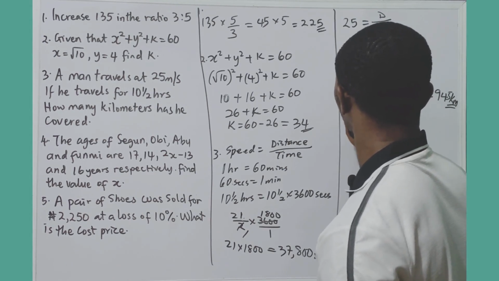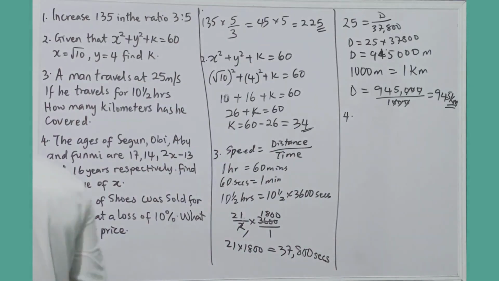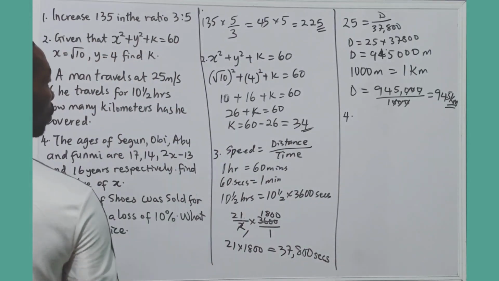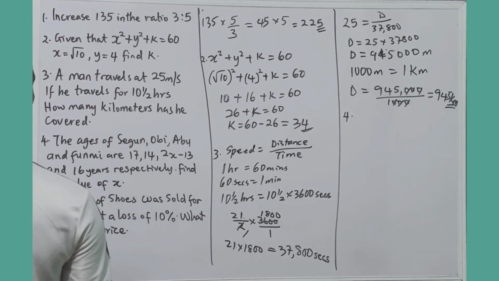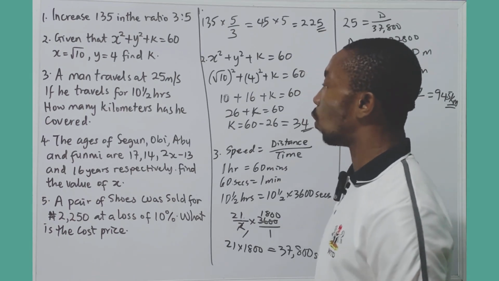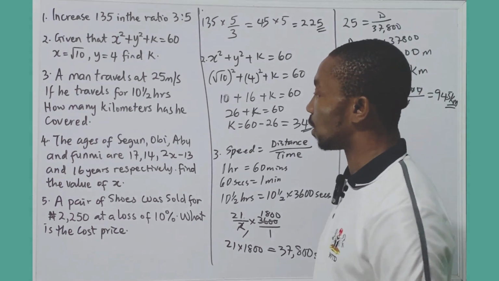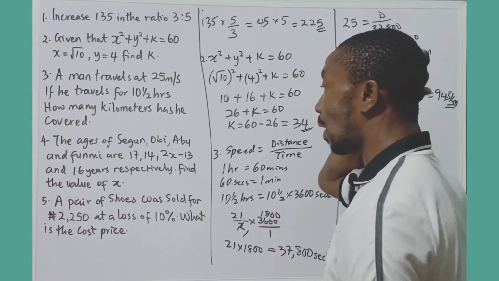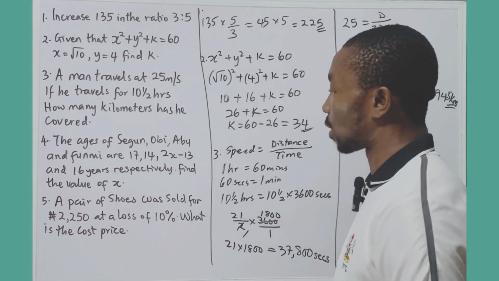Okay, now to our fourth question. It says the ages of Shegun, Obi, Abu and Fumi are 17 years, 14 years, 2x minus 13 years, and 16 years respectively.